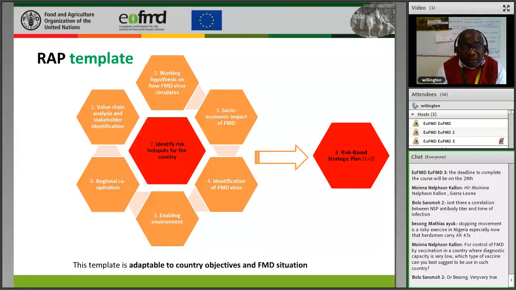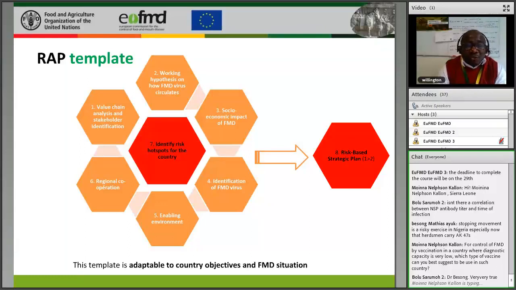The second point is to have a working hypothesis on how FMD virus circulates. The third activity is to do a socioeconomic study of the impact of FMD in the area. The fourth activity is to identify the FMD virus and its subtypes that are in circulation.